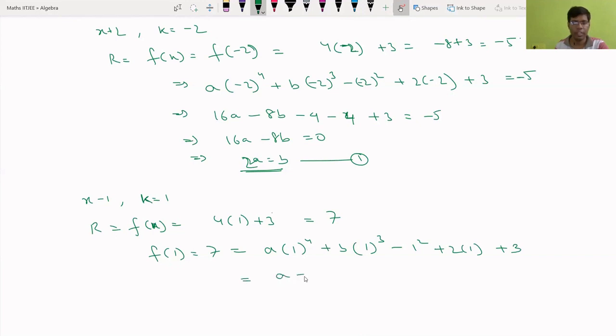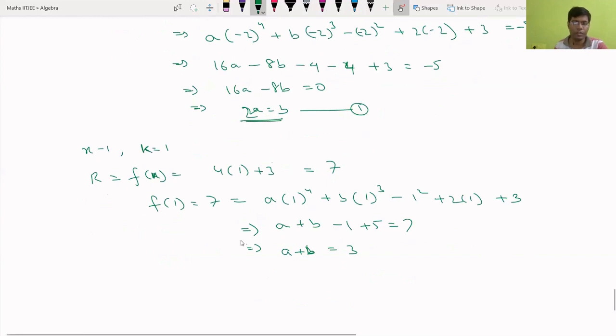So this is a plus b minus 1 plus 5, writing 2 plus 3 as 5, is equal to 7. Taking all the terms to the other side, this is 8 minus 5, which is 3. So a plus b is equal to 3 and 2a is equal to b.